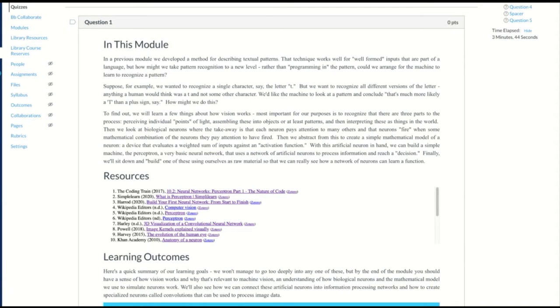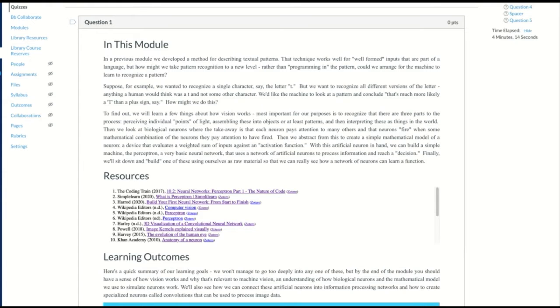The second thing is that our brains take that information and put the points together to see patterns or objects. You can see 2 points next to each other and say those are part of the same thing. And the third step is we take those objects and relate them to our knowledge about the world. So we'll start out by learning a little bit about the anatomy of vision.